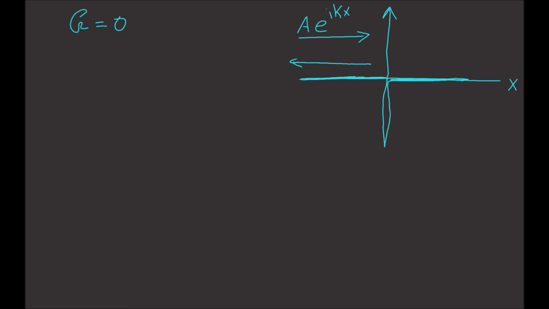This reflected wave is B times e to the minus ikx. And we also have a transmitted wave, the F wave, going in that direction, to the right. So F times e to the ikx.